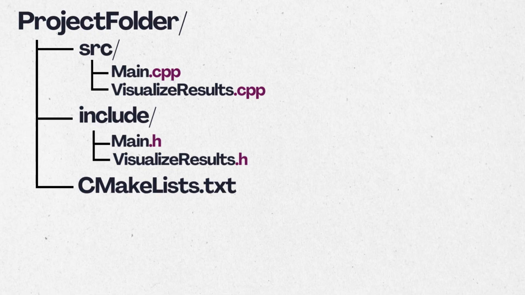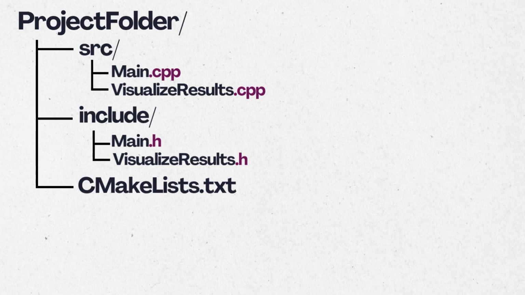You also might not have any of these folders, and you might have all the files just lying around inside the main project folder. But then you definitely should have something that is called CMakeLists.txt. This file describes the project.